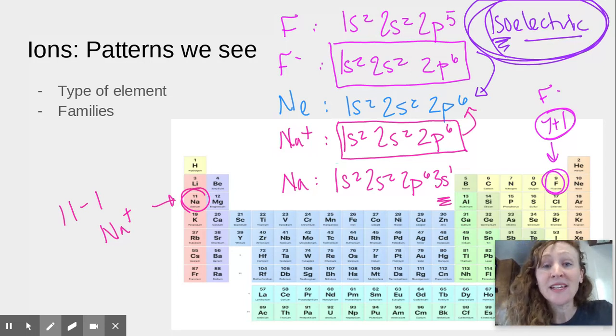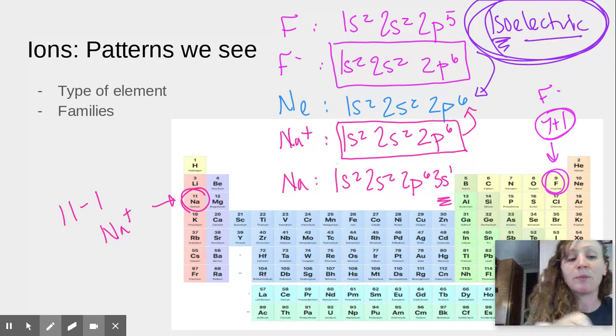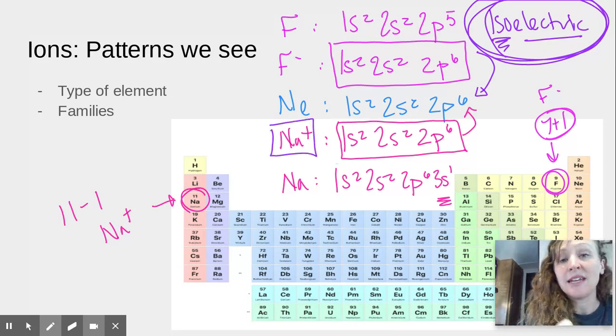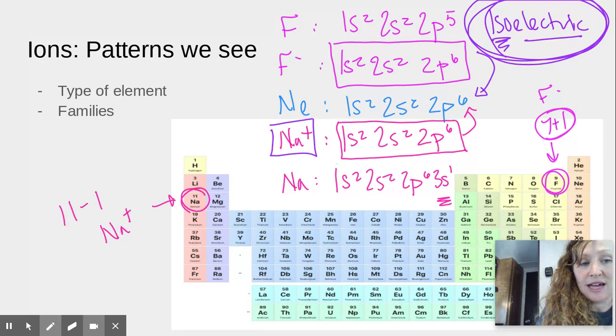Now, there is a way to name ions as well. Instead of calling it the Na plus ion or the F minus ion, we usually use names to indicate that it's an ion. So for positive ions like Na plus, the name is just the element name plus the word ion.